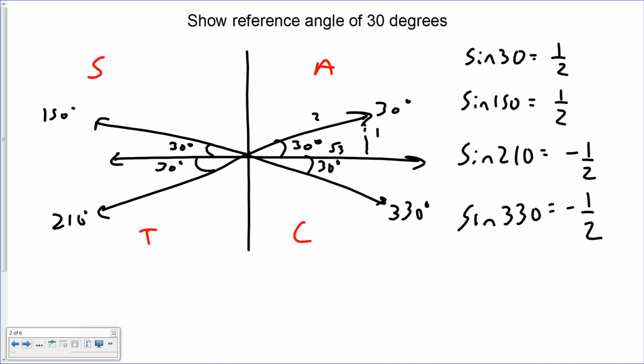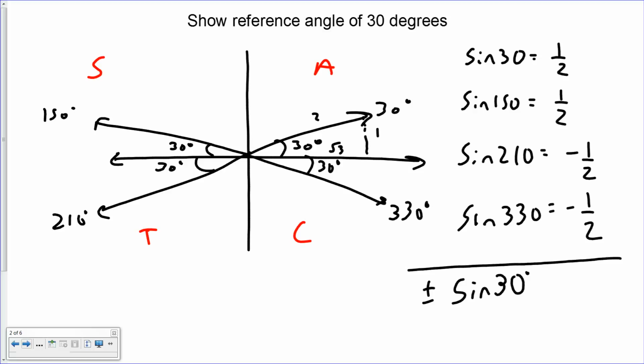In fact, all of these trig expressions I can write as the sine of 30 degrees, or I could write it as a negative sine of 30 degrees.